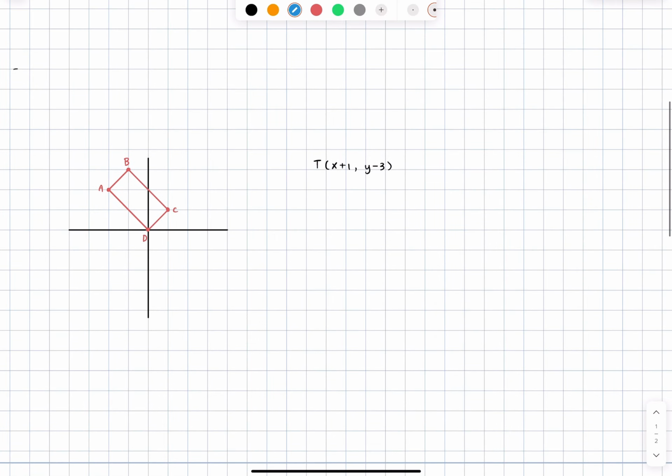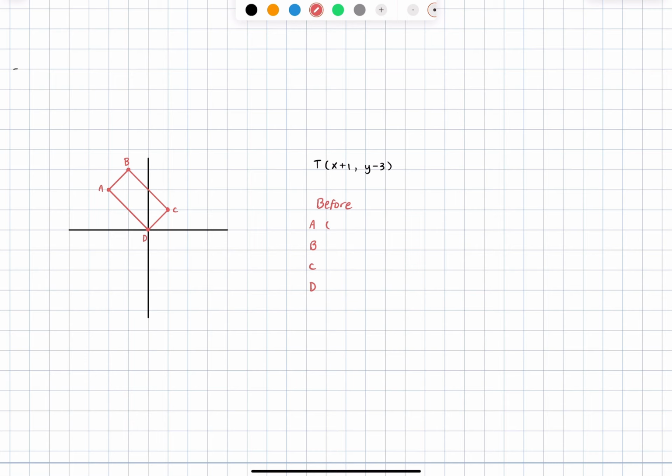So the notation for translations is T right here, and then you can have X plus 1, Y minus 3. Again, you have two ways to do this. So let's do the after and before chart. So before, we have point A, B, C, and D. And I'm going to plot the points here.